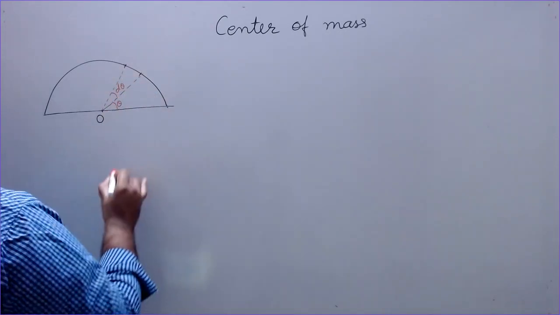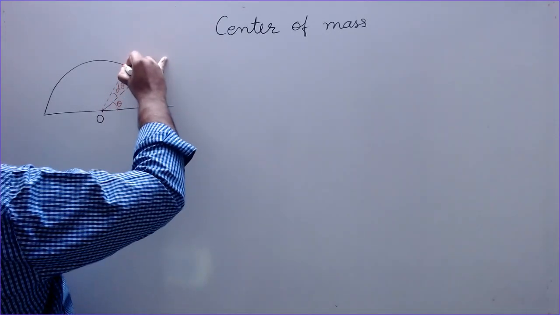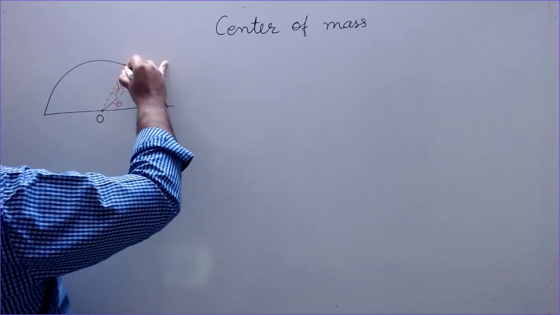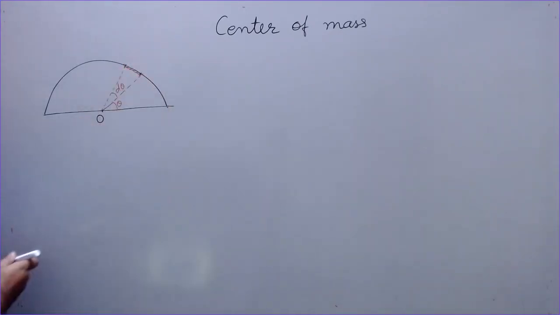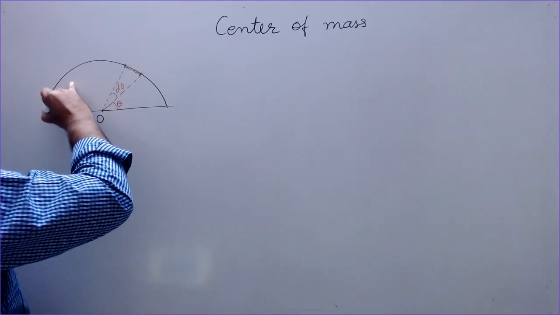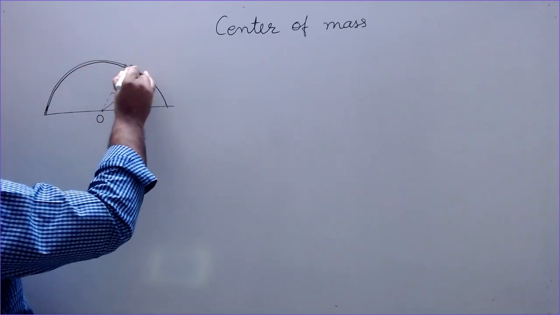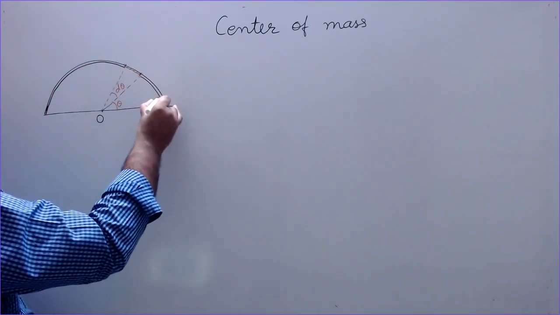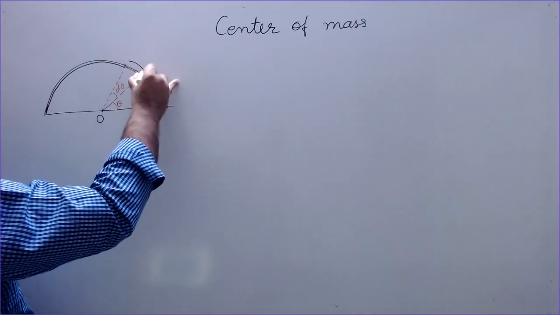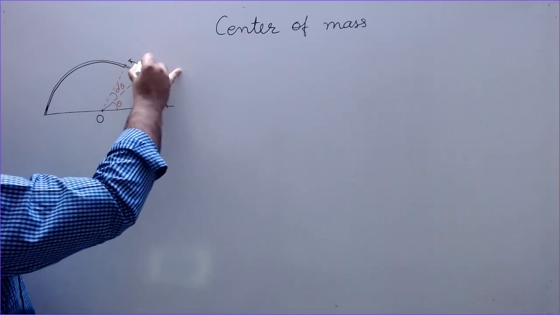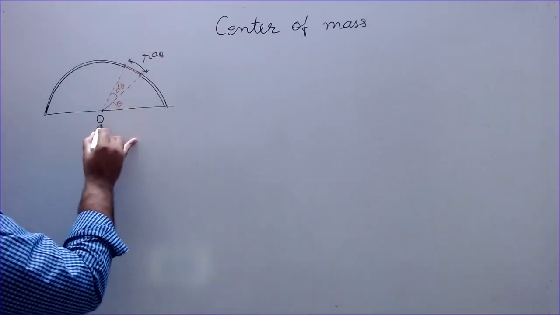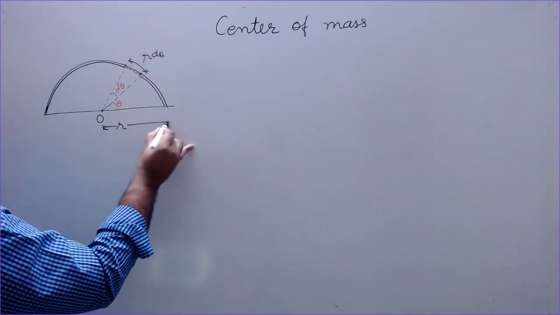This angle is theta. The length is r d theta. R is the radius.